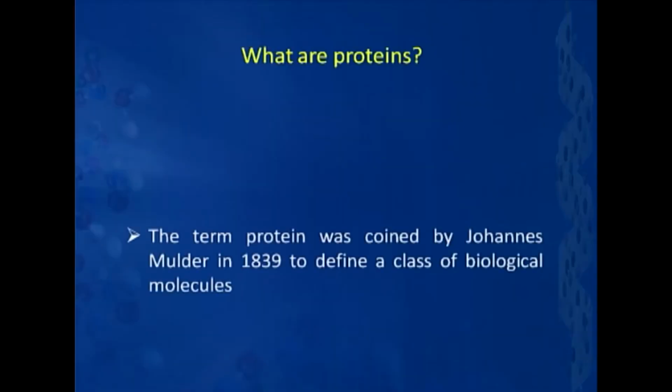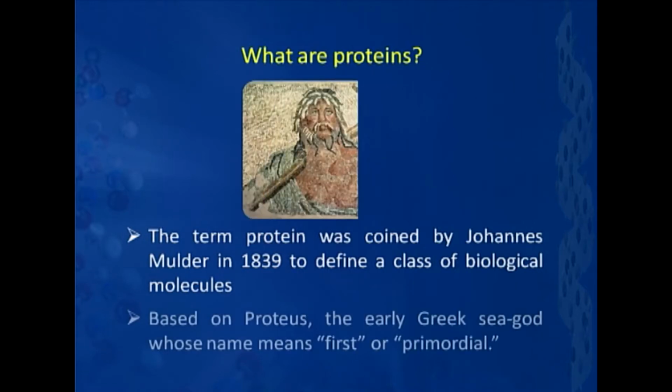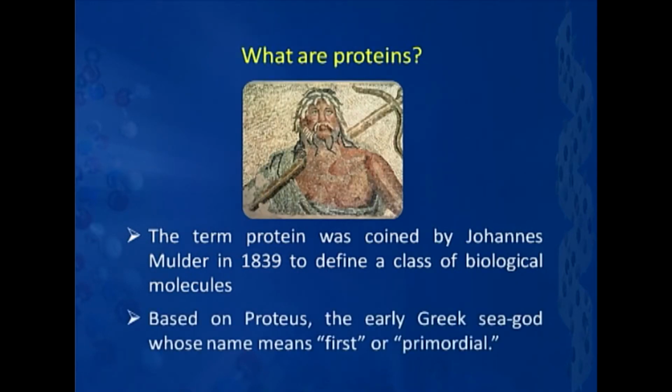Okay. Now, this is about how we look at proteins. The term protein was coined by Johannes Mulder in 1839 to define a class of biological molecules, because at that time people were looking at biological molecules and proteins were isolated, and the name was given on the basis of Proteus.